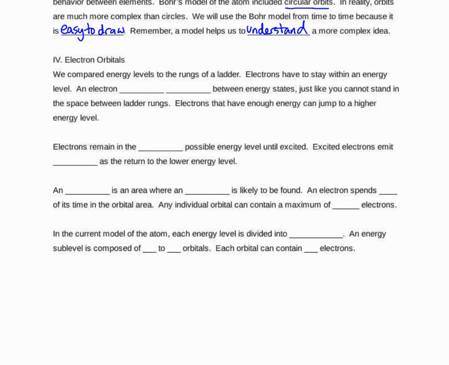So we compared energy levels to the rungs of a ladder. The electrons have to stay within an energy level. An electron cannot exist between energy states, just like you can't stand in the space between ladder rungs.